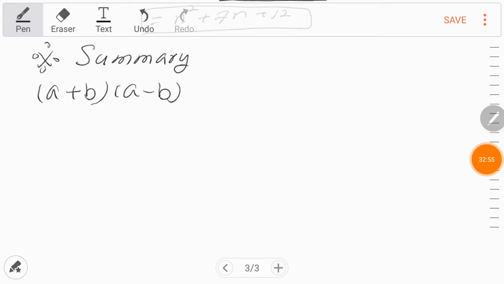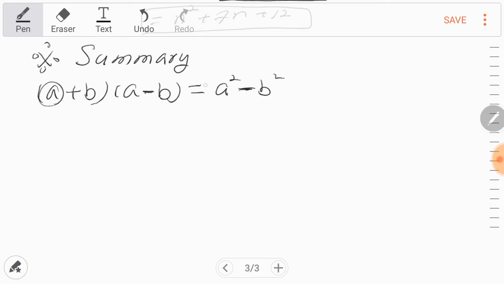Okay, as a summary of this section, make sure that we memorize 3 formulas. The product of 2 binomials with the same 2 terms, where one is plus and one is minus, gives a squared minus b squared: the first term squared minus the second term squared.